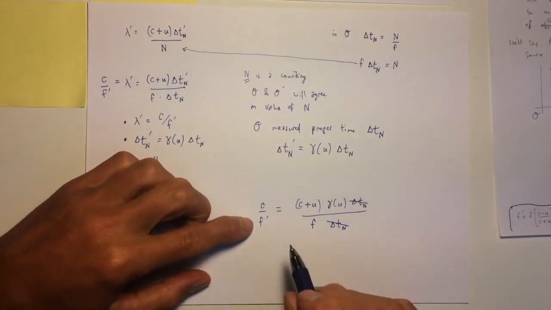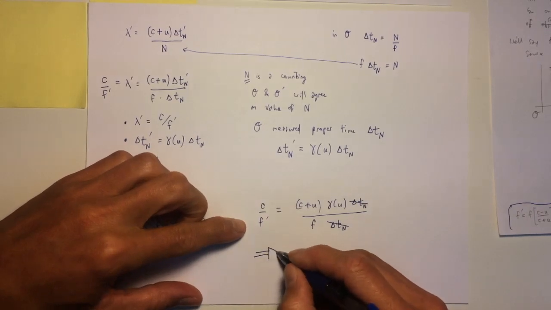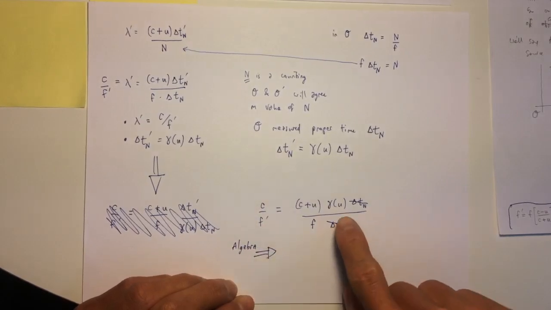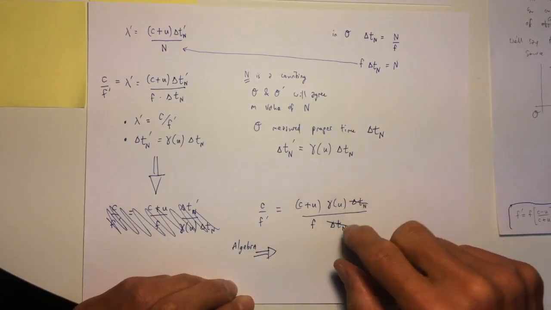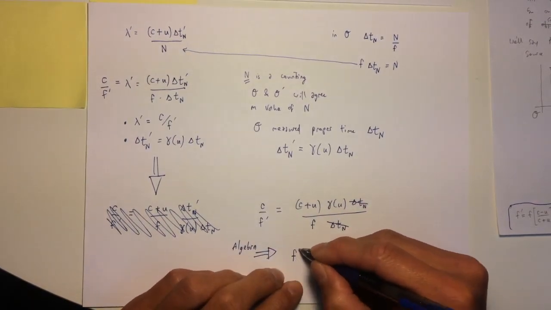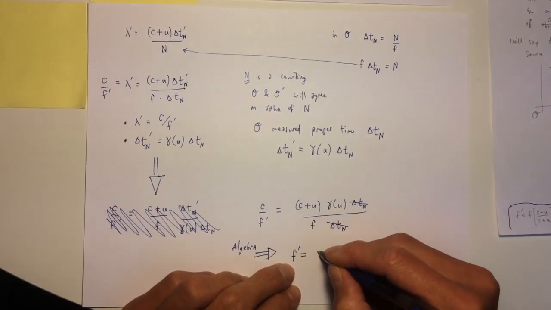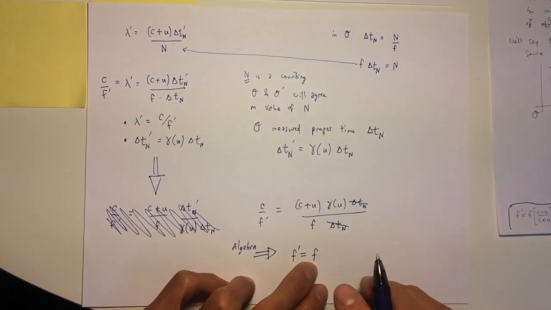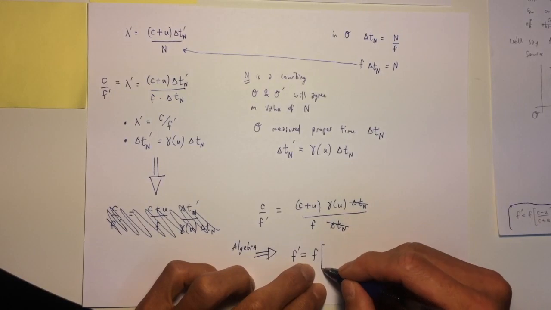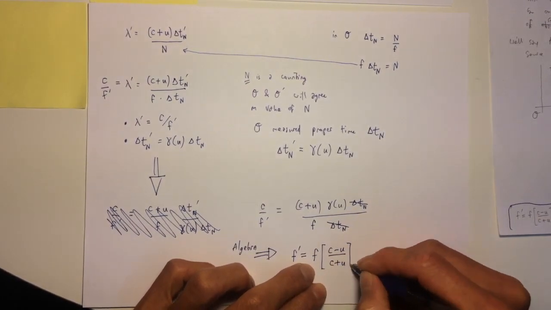And what we're left with is, if you flip both sides, well, actually, I'm just going to be a teacher and say, after some algebra, where you take this gamma factor and you sort of re-realize what it is, what you can get is that the frequency as observed by O prime is related to the frequency of the source as measured by the source, or in the rest frame of the source, times the (c minus u) divided by (c plus u).